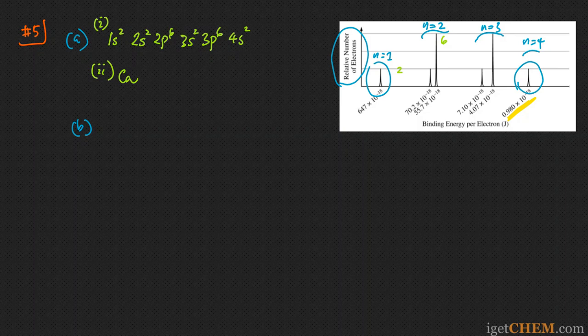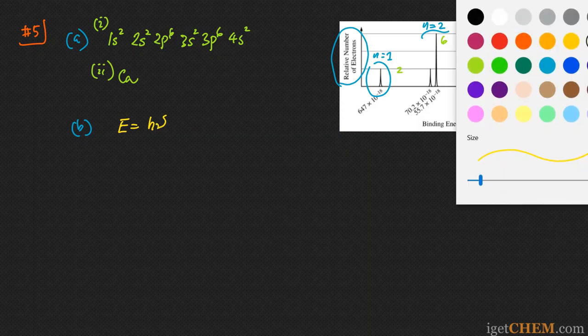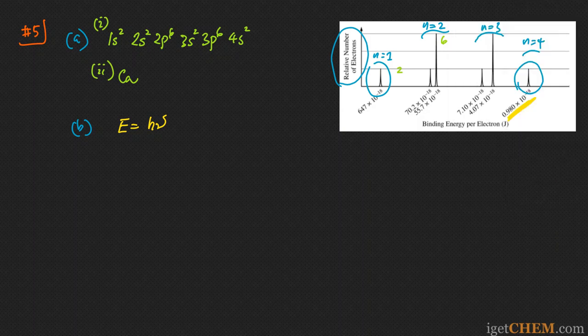So the relationship between the energy and the frequency of the photon is E equals h nu. And this equation is actually on the equation page, so you don't have to memorize this. The constant here, this h, is called the Planck's constant, and the nu in this case is the frequency of the photon, of the light associated with that photon.